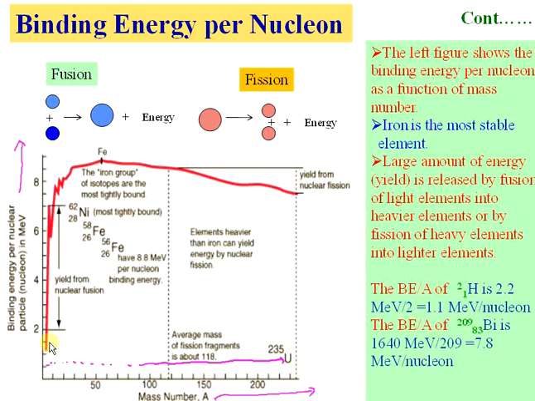This is the initial behavior for the light nuclei. You can see some kinks up, some kinks down, and here is the maximum height of this binding energy per nucleon curve. After it starts decreasing, it remains almost constant in this particular region. There is no large variation.